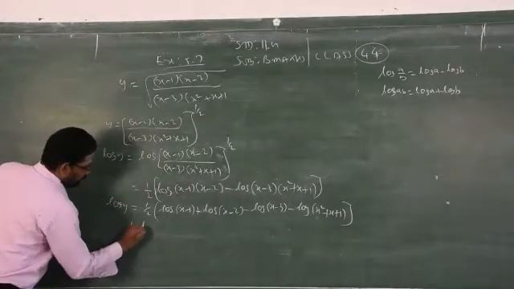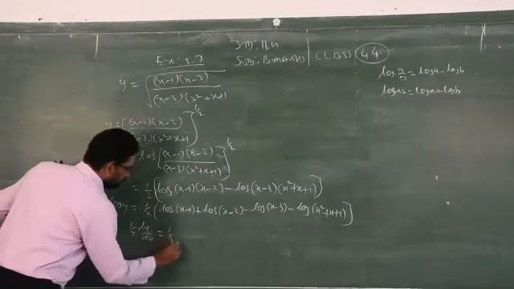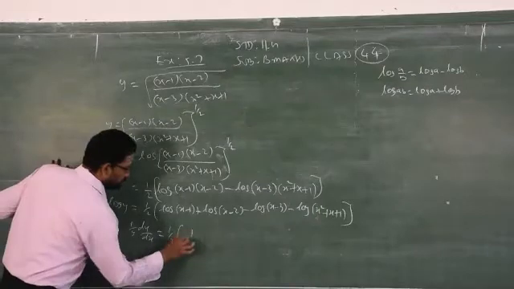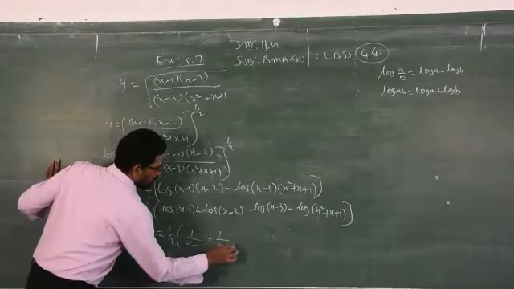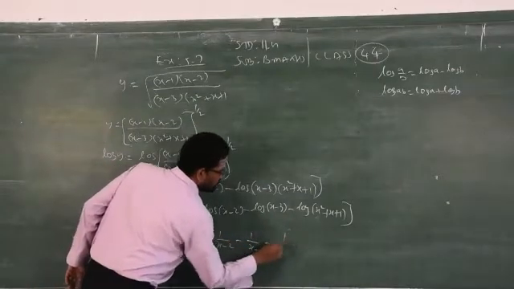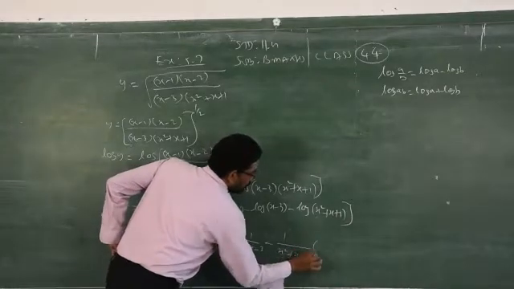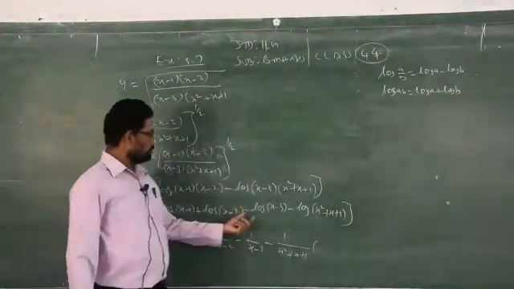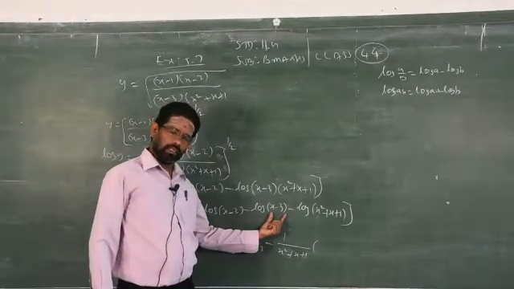So 1 by y, dy by dx is equal to 1 by 2 times, log means 1 by x, so 1 by (x minus 1), plus 1 by (x minus 2), minus 1 by (x minus 3), minus 1 by (x square plus x plus 1). You know, once you differentiate log, then you have to differentiate inside the bracket. That's what I said.